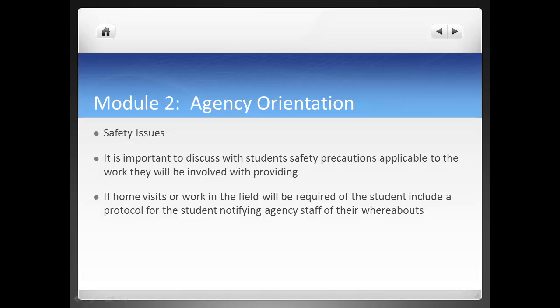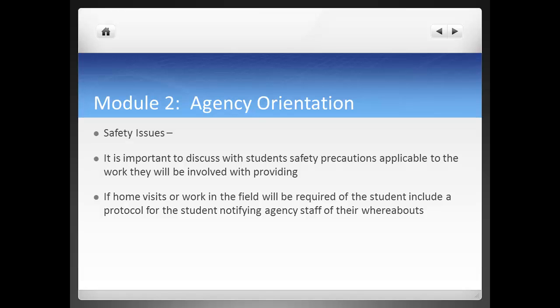Safety is another area that we highly encourage you to discuss with your student early on in the internship. It's important to discuss with students safety precautions that are applicable to the work that they'll be involved in providing in your agency. For example, if home visits or work in the field is required of the student, be sure to discuss the protocol for a student notifying agency staff of their whereabouts, or their cell phones, or other measures that they need to take with them.